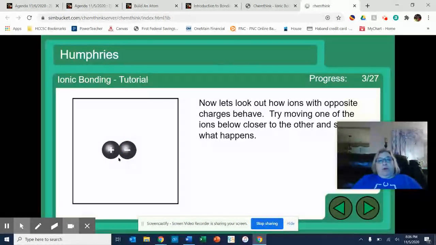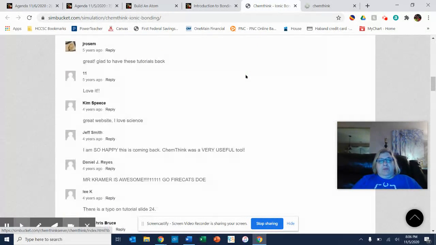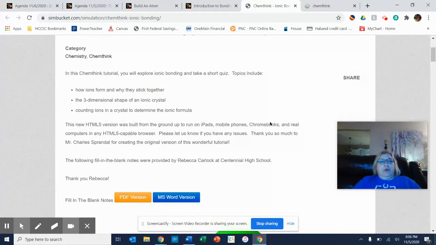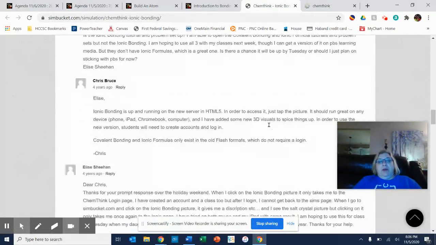So that's that water molecule I was talking about, works that way. So I want you guys to work through this tutorial, and while you're working through it, there's a handout to fill out, kind of similar to the other handout. So work your way through, and then when you're done with that one, you can turn that one in.